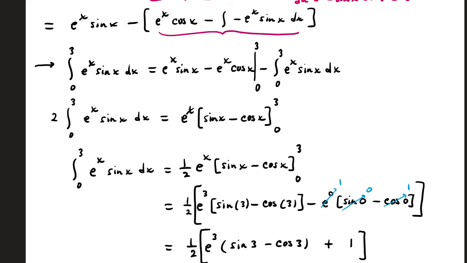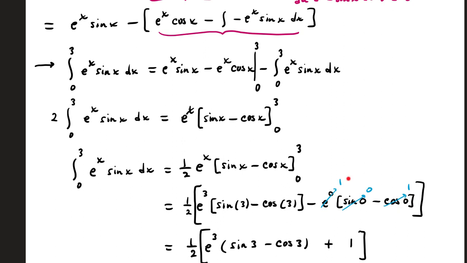I haven't brought those up yet because I haven't wanted to put the numbers in. Once I figured out what my integral is, now when we evaluate at 3, we have 1/2 e cubed times sine of 3 minus cosine 3 minus, and then we put that lower value in, e to the 0 times sine 0 minus cosine 0.